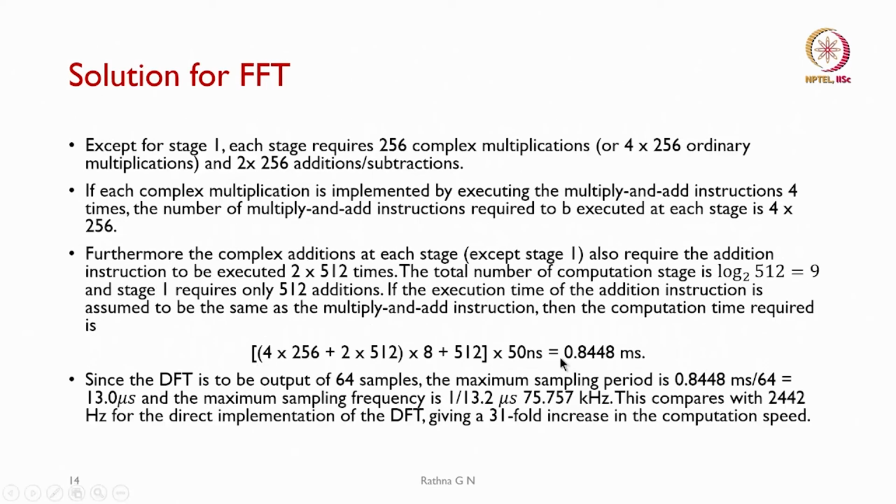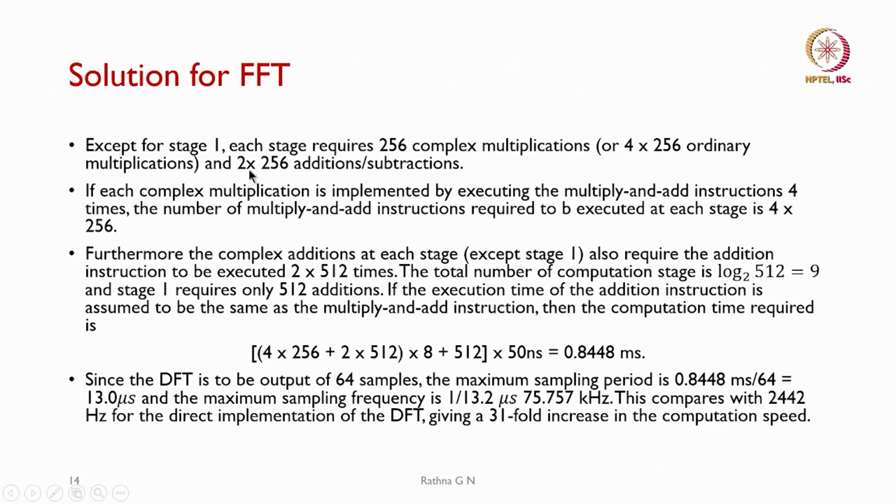Now we will see how to compute it with the FFT. Except for stage 1, which has only additions, each stage requires N by 2 complex multiplications, that is 256 complex multiplications. We discussed in the last class that each complex multiplication takes 4 real or ordinary multiplications, so it becomes 4 times 256 multiplications.